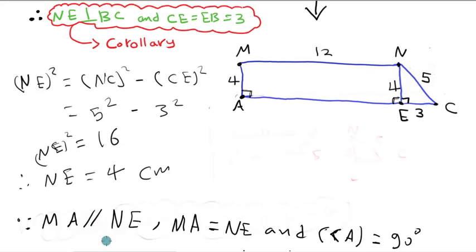Since MA is parallel to NE and MA equals NE, and the angle A equals 90, the figure MAEN is a rectangle.